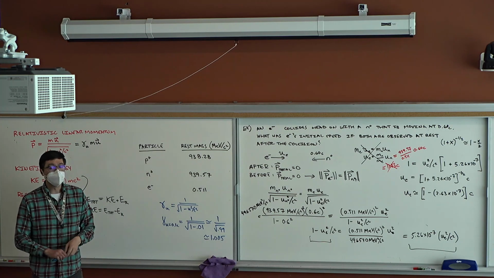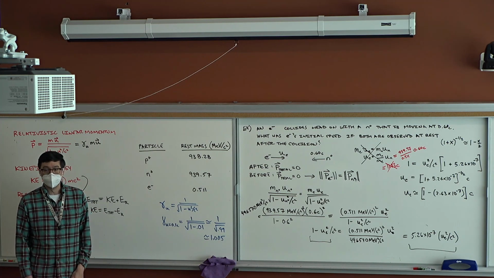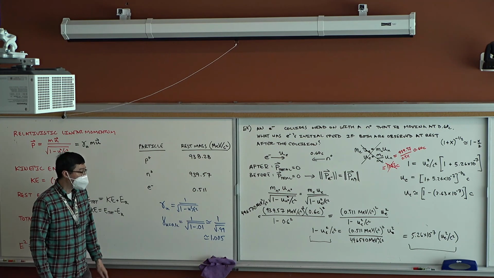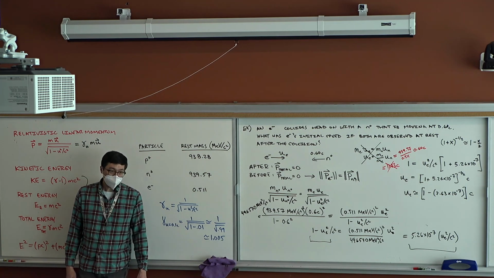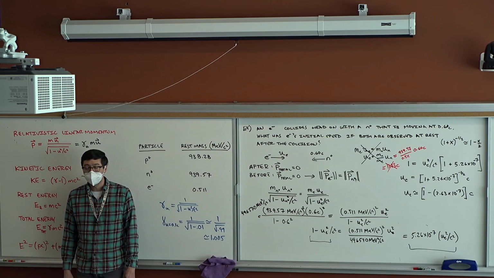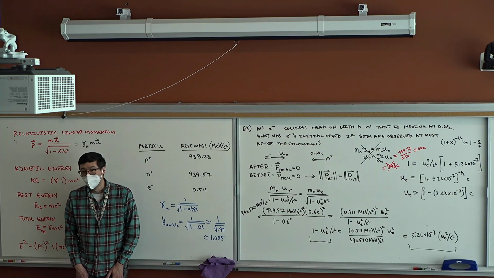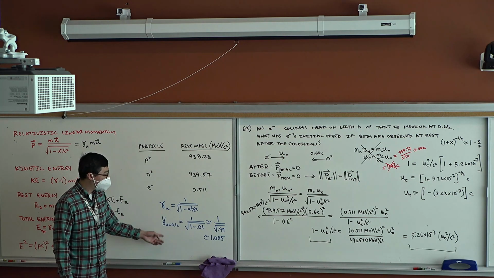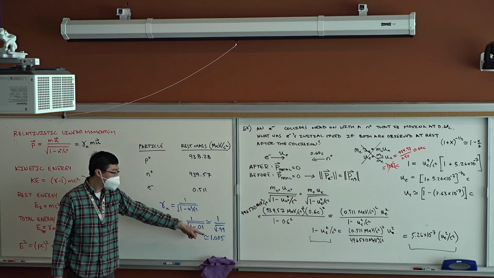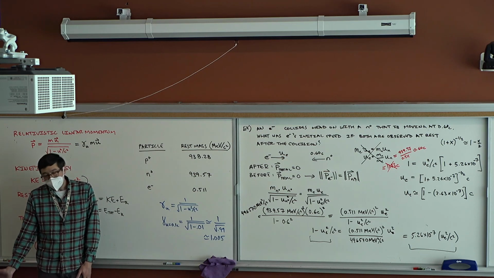So it kind of depends on what your tolerance is for how close is close enough. But I'll also tell you that 1/10 of the speed of light is really fast. That's 30,000 kilometers per second, or about 18,600 miles per second. So at 1/10 of the speed of light, gamma is still close to 1.